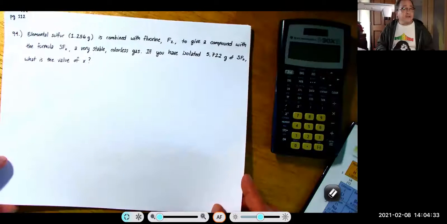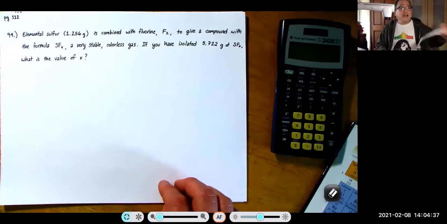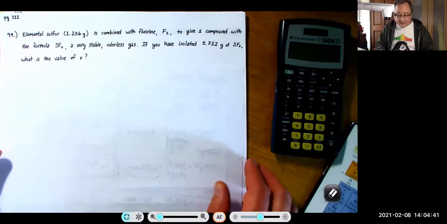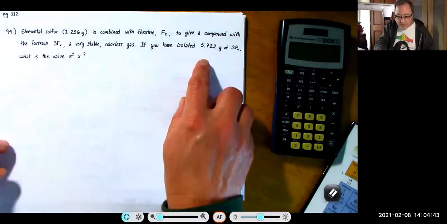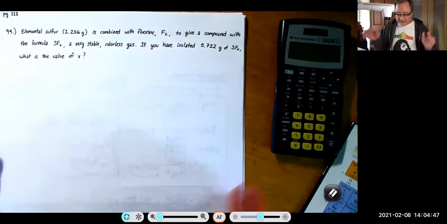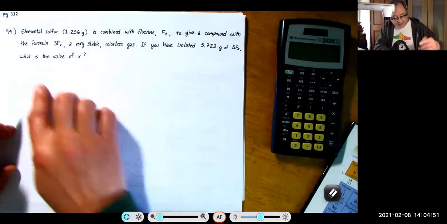Let's take a look at this one here. Elemental sulfur is combined with fluorine to give a compound with the formula SFX, a very stable colorless gas. You have isolated 5.722 grams of this SFX. What is the value of X?